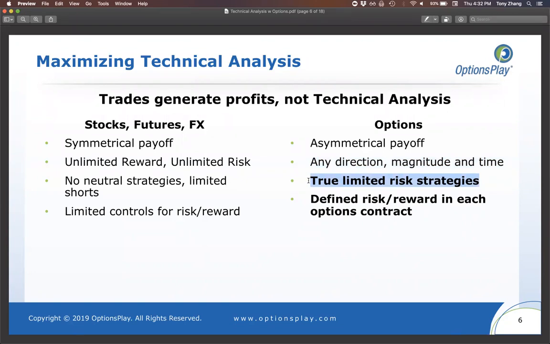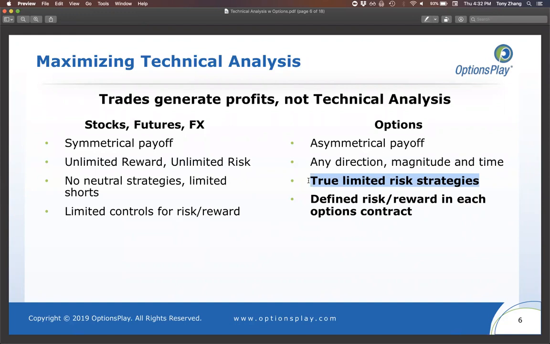And that's a key in helping you manage not only your trade, but also your emotions, because when you lose money in a trade, that's when we tend to lose track of sometimes our initial analysis, and sometimes we do dumb things when we're losing money. So by having truly limited risk strategies, it helps us manage not only our trade, but more importantly, our emotions.